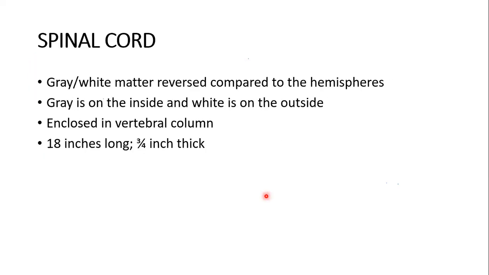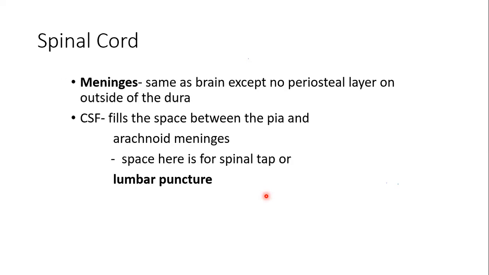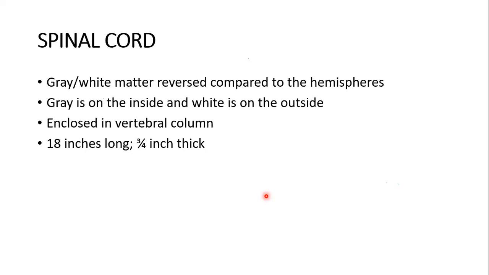So if you are asked to differentiate between the spinal cord and the brain, the first thing is the gray matter. In the brain, the gray matter is on the outside and the white matter is inside, whereas in the spinal cord, the gray matter is inside and the white matter is outside.